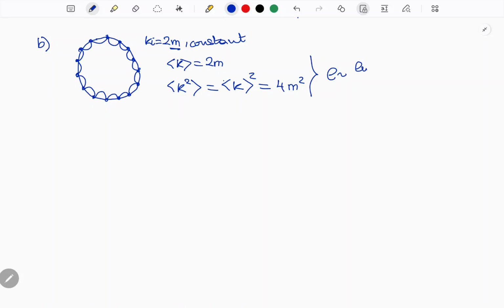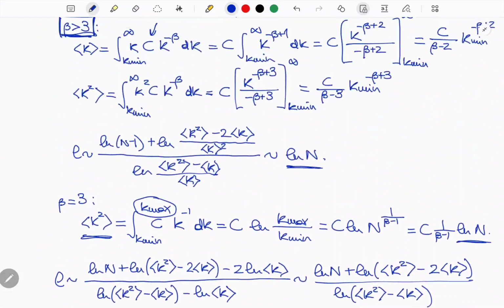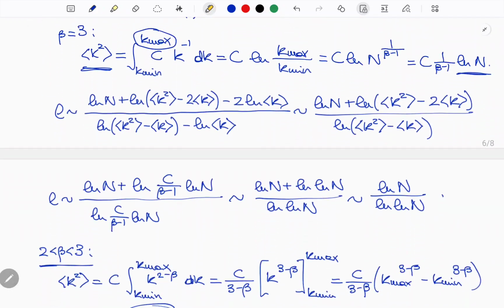On the numerator I have the logarithm of n minus 1 and so on, and then this other part which is only going to depend on m, divided by this logarithm which is also only going to depend on m. So this is what we are going to obtain.